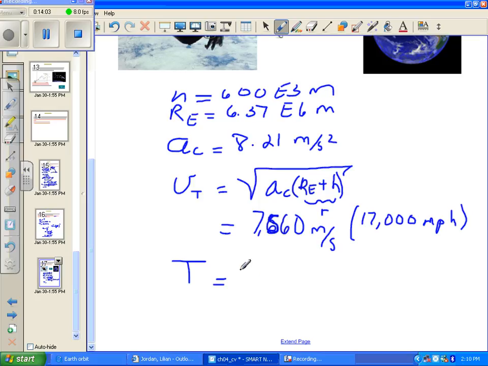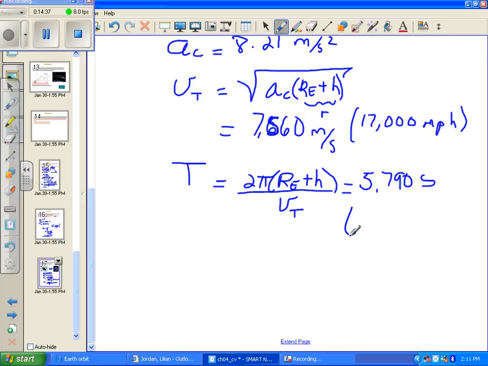That's how long it takes for the satellite and the astronaut to complete one orbit about the Earth. Okay, let's substitute in our values. 2 pi, radius of the orbit, divided by the value we just obtained for the tangential velocity, and we find the orbital period in seconds is 5,790 seconds, and converting this to hours, we find that it's 1.6 hours, roughly speaking.